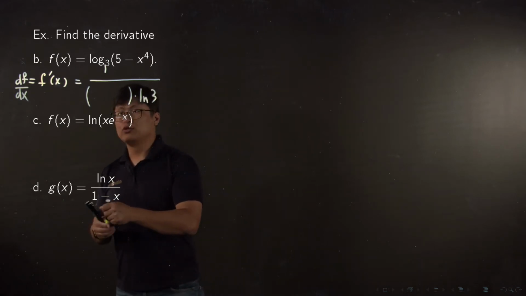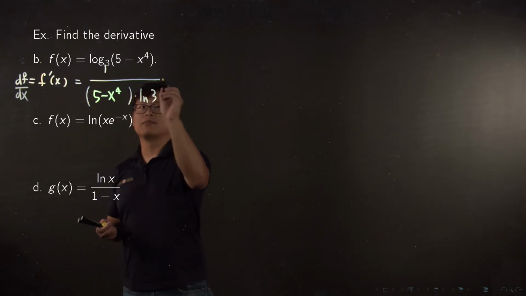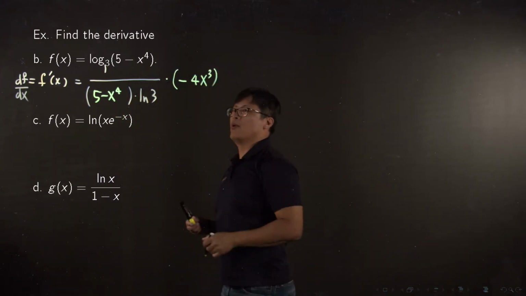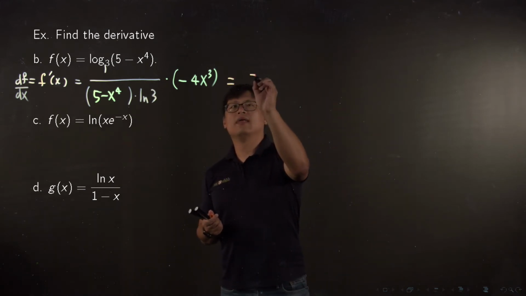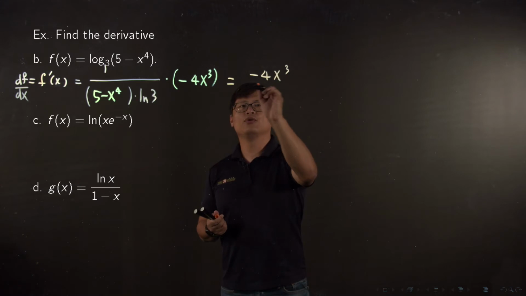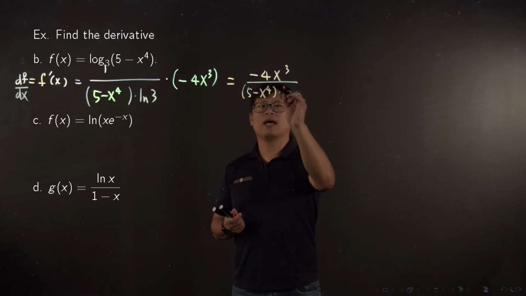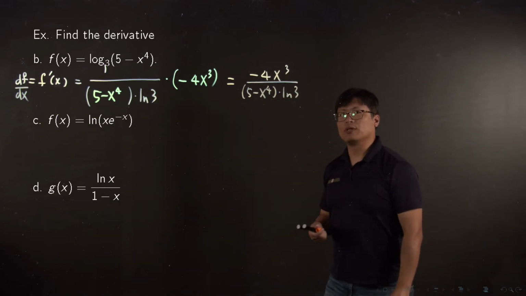Then, as I told you, once you write the inside function, don't forget you have to multiply by the inside function's prime right away, okay? So this can be written as negative 4x cubed over (5 minus x to the 4) times ln 3. That's it, okay?